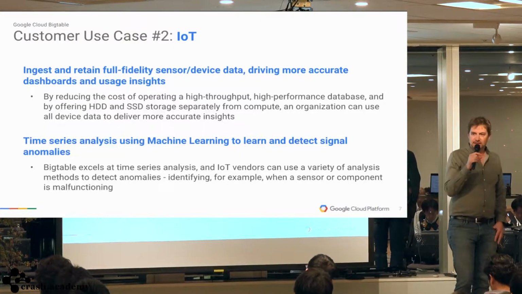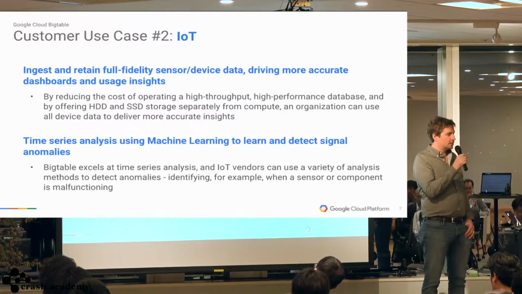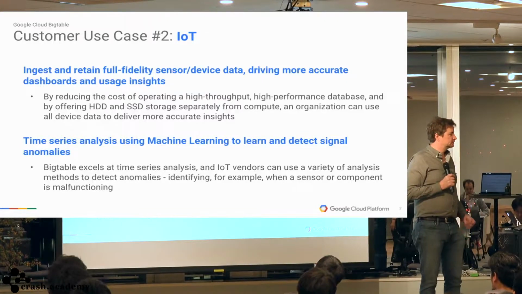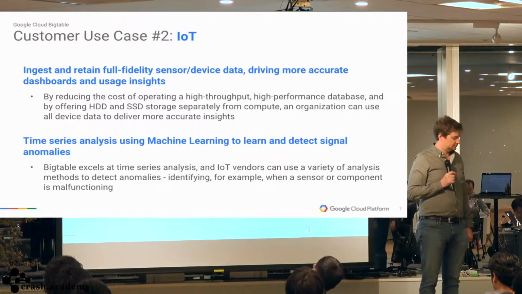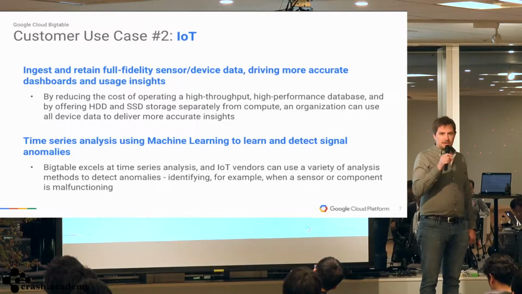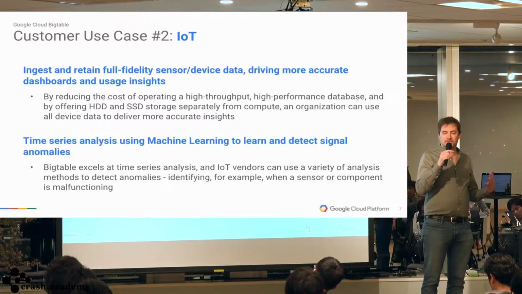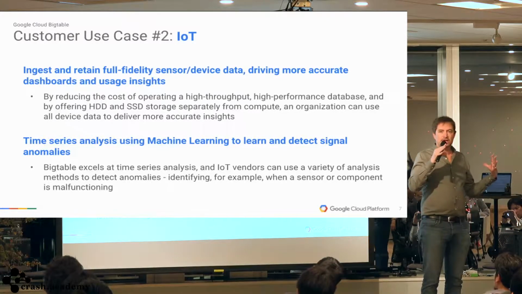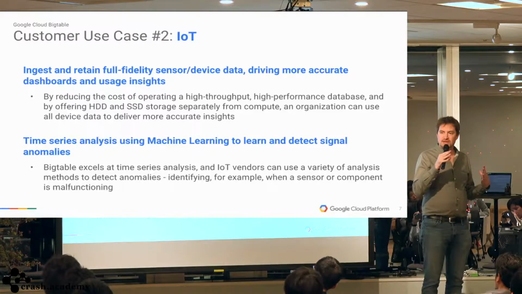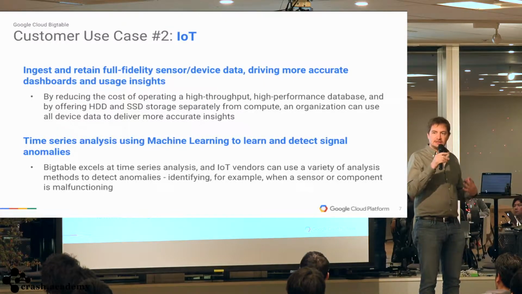The second use case is Internet of Things or telemetry. In this case, it takes advantage of Bigtable's ability to ingest large streams of data, gigabytes of data per second.